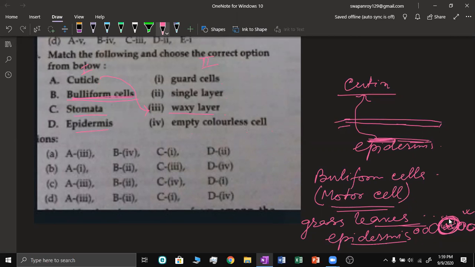In that condition, when there is dryness, the bulliform cells will shrink, and as they shrink, the leaf will curl. Leaf curling takes place, and in this way it reduces the exposed surface and transpiration is less.